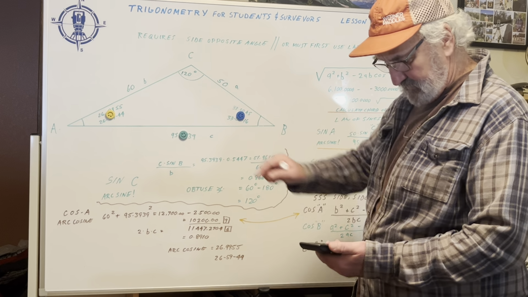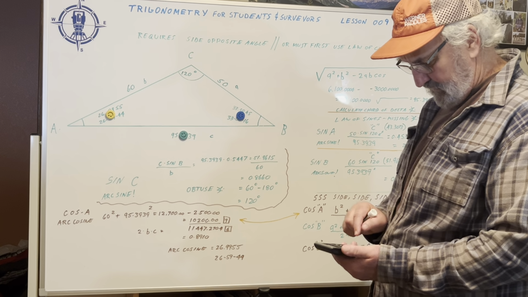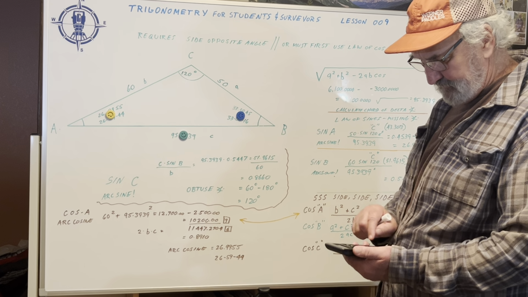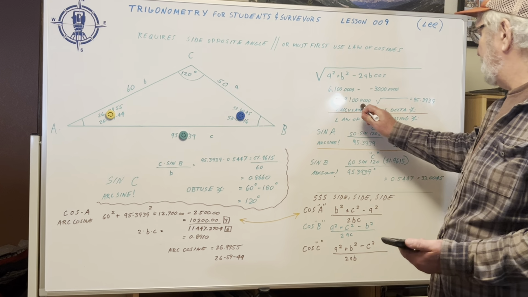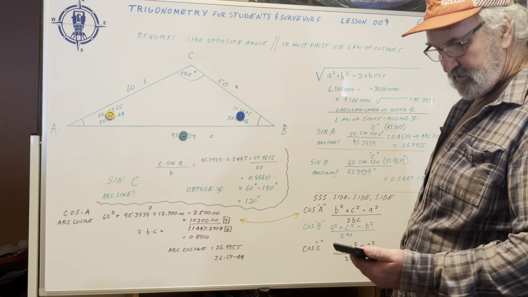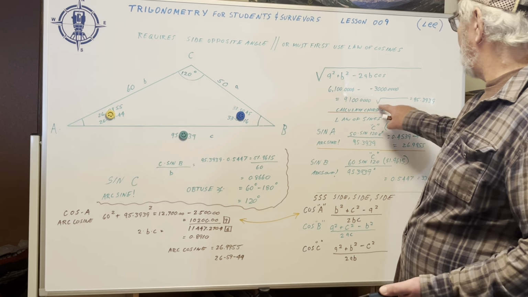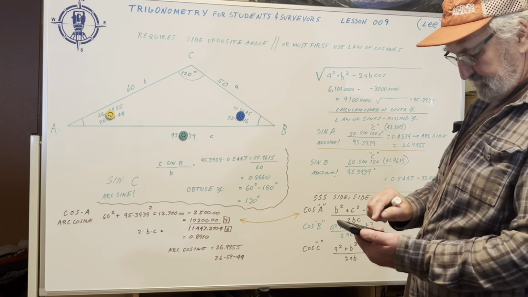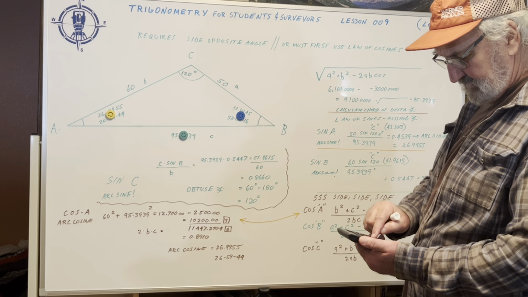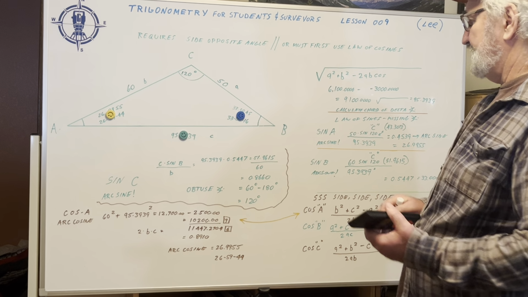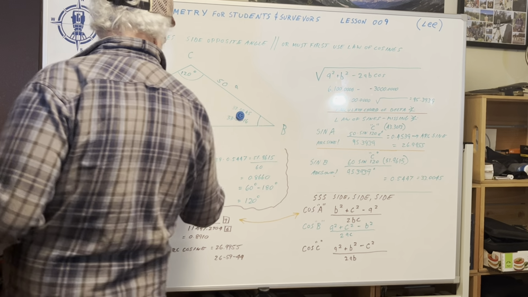Now I just need to hit minus, and that's 9,100. Now I need the square root of that, which is 95.3939. So we can pull the happy face off here now.